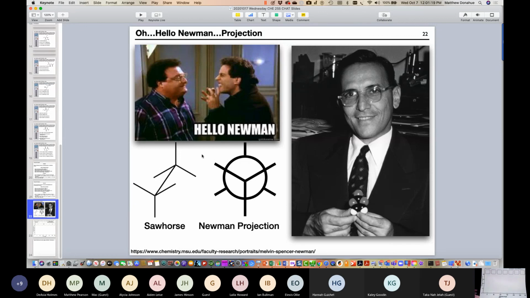This sheet here looks at the dihedral angle versus the energy, the energy penalty for doing that rotation. So we'll plot a graph, and then in the boxes we'll plot Newman projections. So we'll see the energy penalties required to do such a rotation. So that's going to be a big part of chapter 4 that we'll look at.